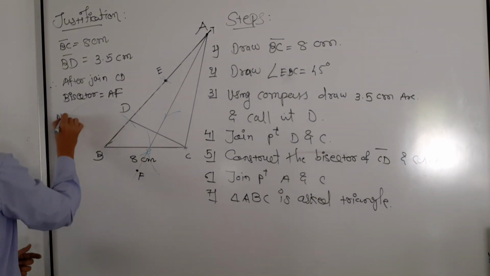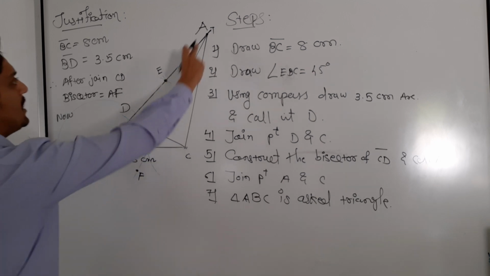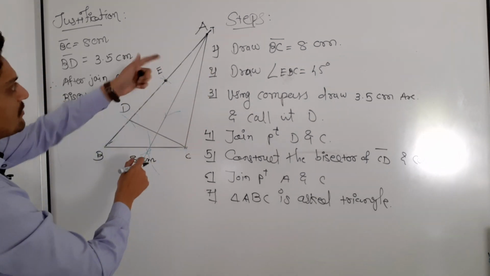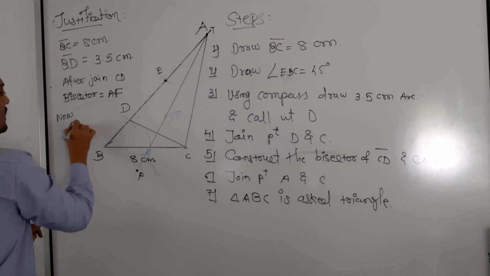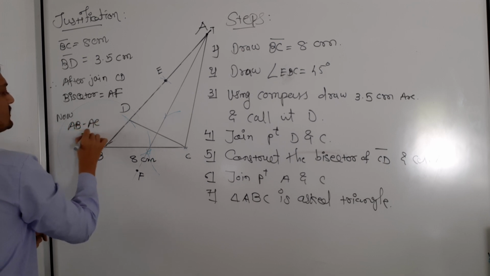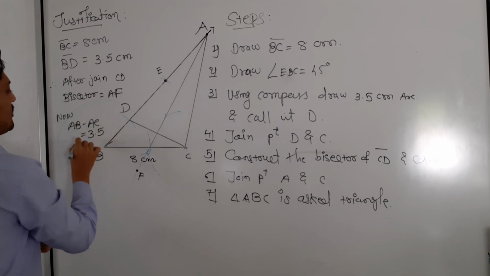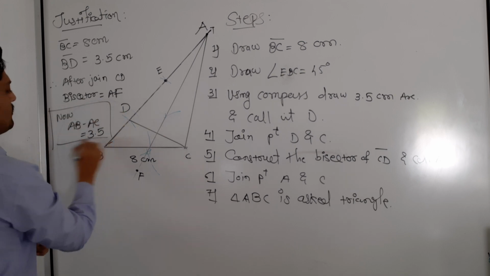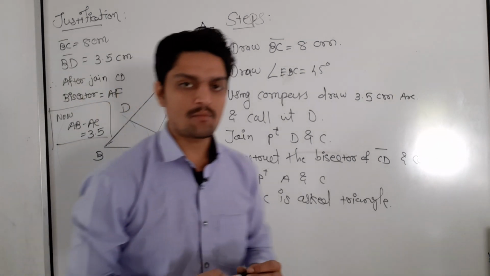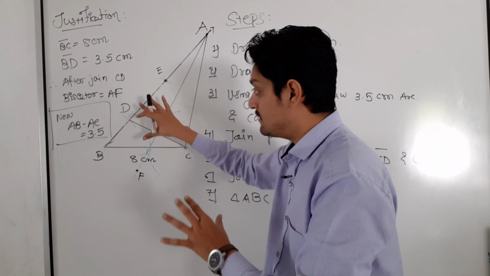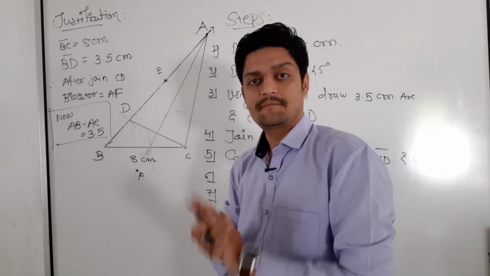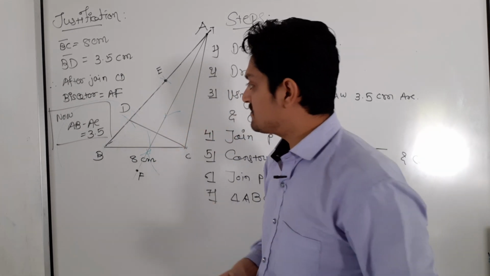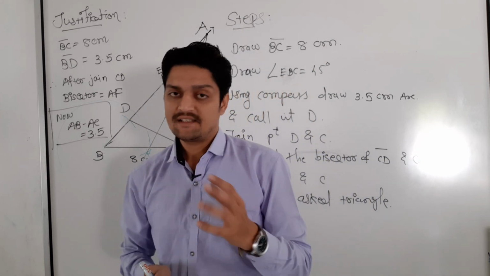Now AB minus AC is equal to 3.5. This is your final one. You have to write it in a box, otherwise underline it. Now this is final: AB minus AC is equal to 3.5.